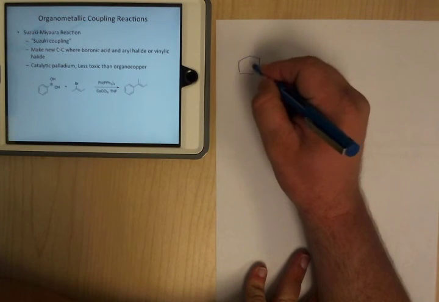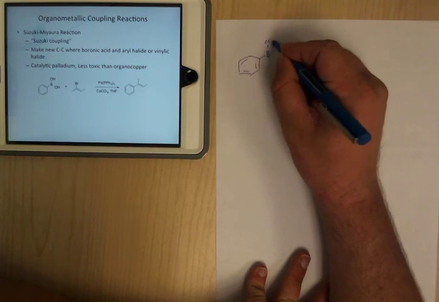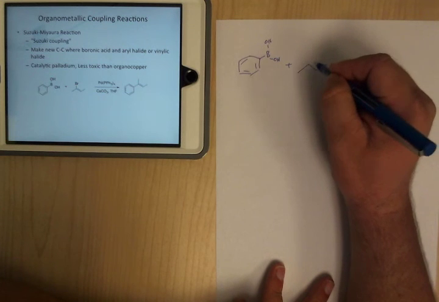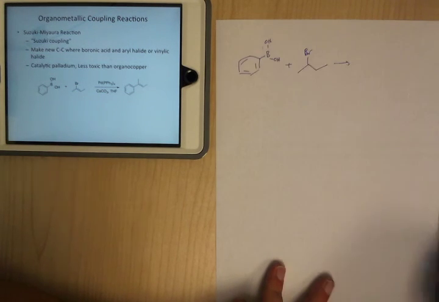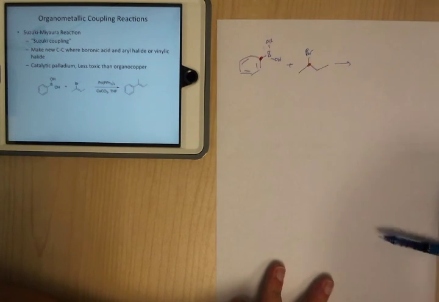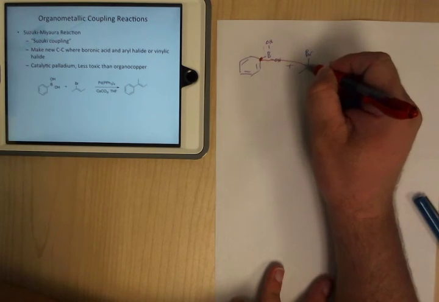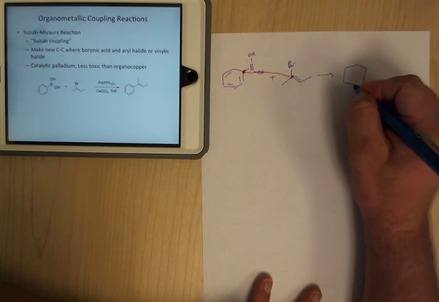So you have, say, something like this. And then you have a halide, wherever this is attached, and the halide is attached. So there's actually a double bond there. Those two come together, and then everything else just falls away. So it's a very clean reaction.